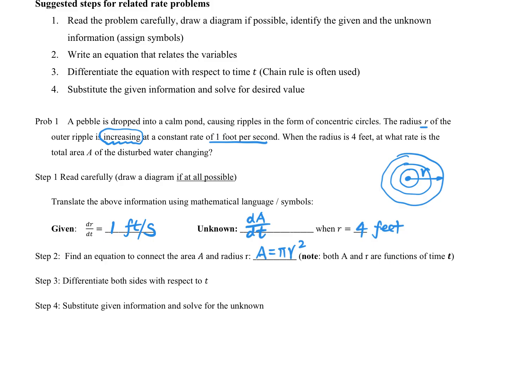If I want to be very rigorous, and you should keep this in mind, A is a function of t, and r is also a function of t, right? Now, next, we want to differentiate this equation with respect to the time t.